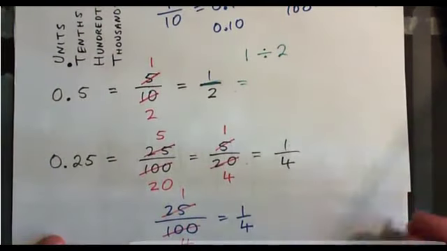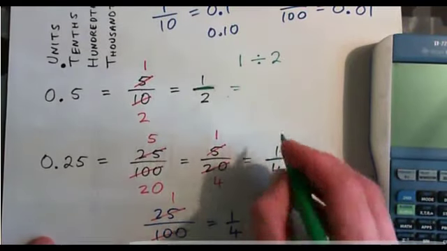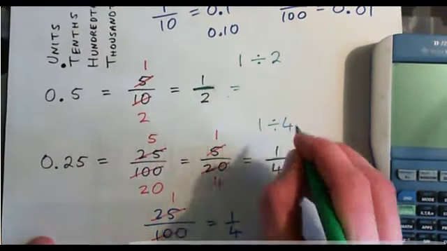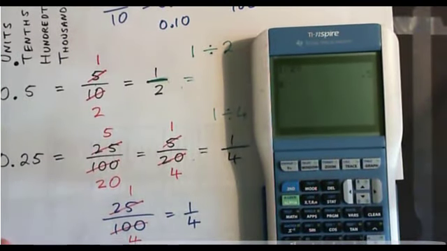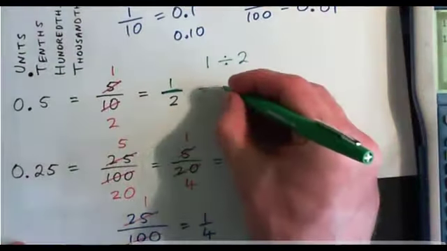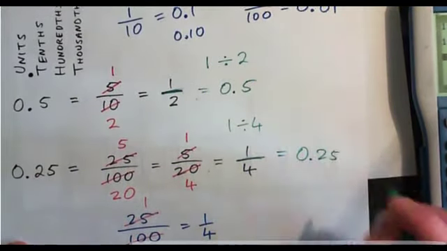See what it gives you, and then do the same with this: 1 divided by 4. I mean, that's the quickest way. So this should of course get you back to 0.5, and this should give you 0.25, right?